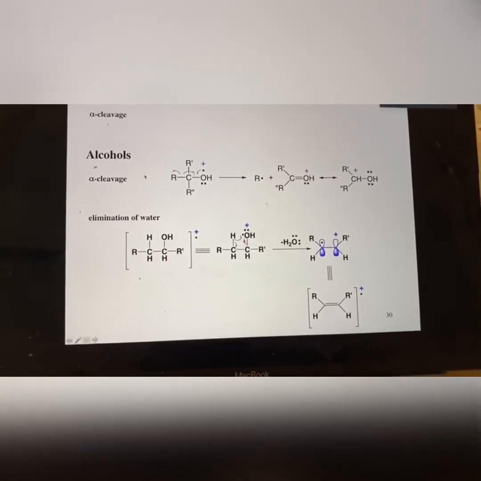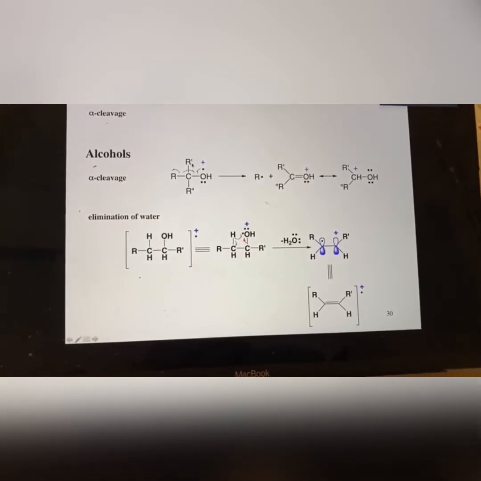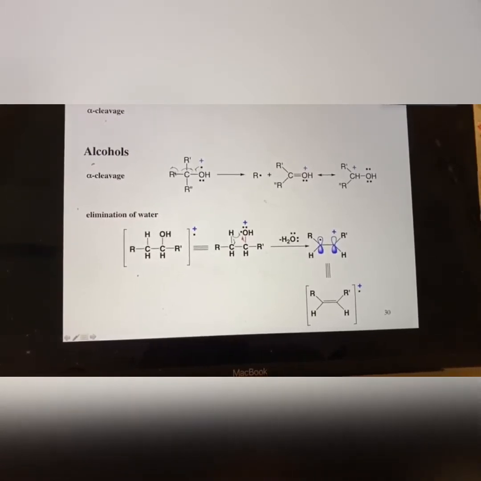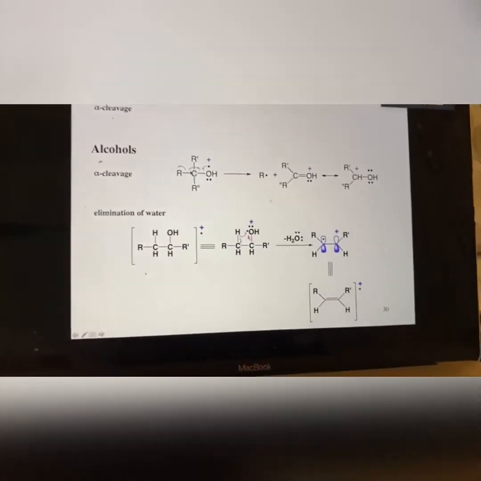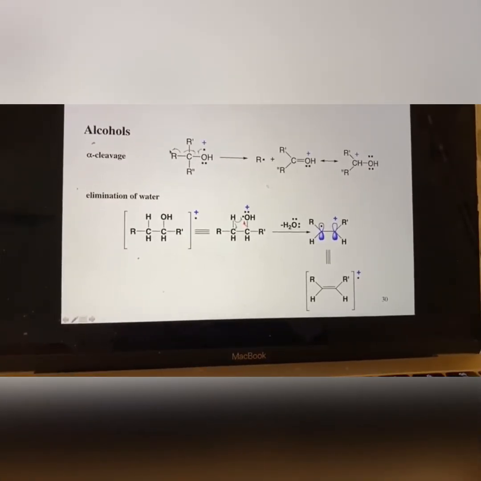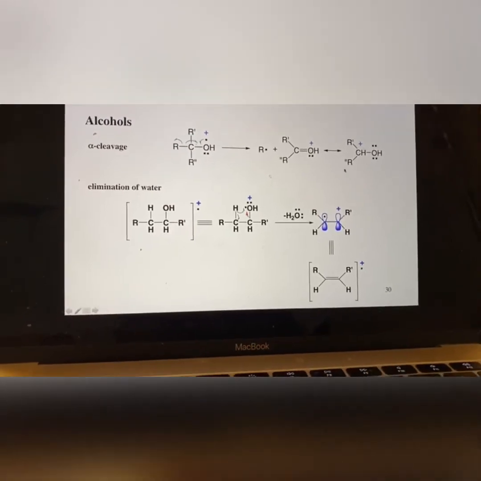So again, when I do electron impact ionization, I'm going to remove the electron off the oxygen, lone pair of electrons. That's going to give me this radical cation as a molecular ion peak. Now I'm going to break this bond that's alpha to that oxygen homolytically. So again, I'm going to push this electron here, push this electron here, push that one. That gives me R dot plus this resonance stabilized system.